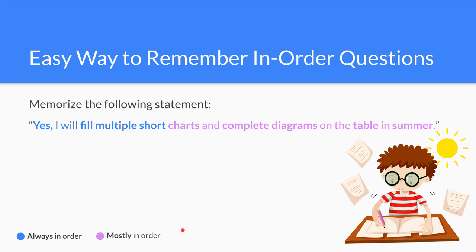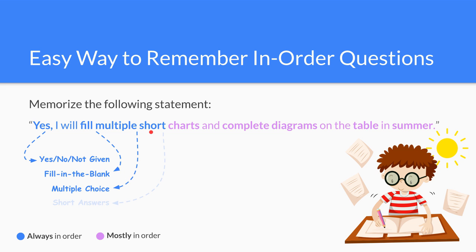So the word yes here stands for yes, no, not given questions, also known as true, false, not given questions. The word fill stands for fill in the blank questions. Multiple stands for multiple choice.